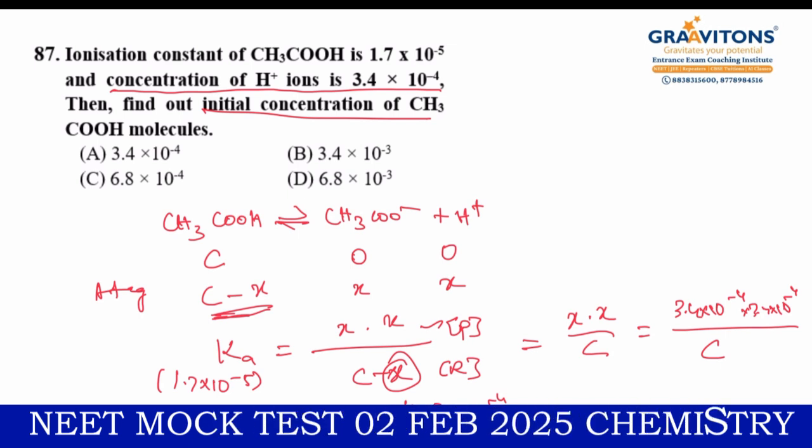When you solve this, you will have the answer 6.8 into 10 to the power minus 3, and hence the correct option would be option D.